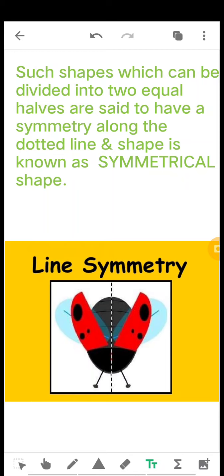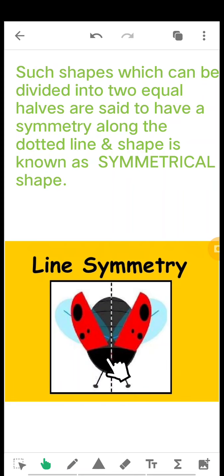Shapes which can be divided into two equal halves are said to have a symmetry along the dotted line, and the shape is known as a symmetrical shape. Students, here you can see this shape.